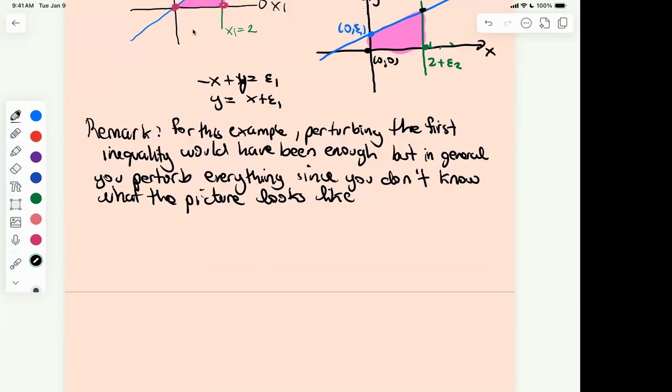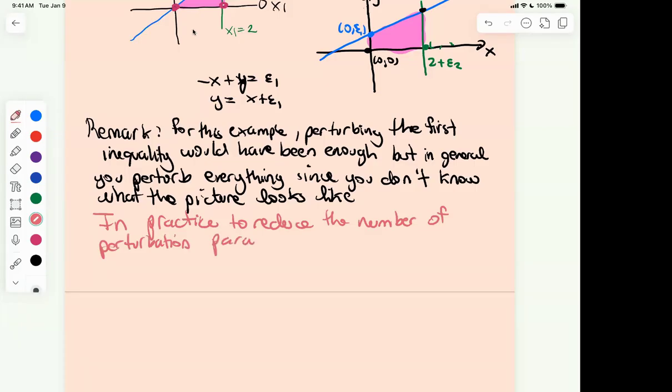So a convenient way to perturb them is to think of all of these parameters as just the power of some other number. So epsilon1 is epsilon and epsilon2 is epsilon squared. You write them all as different powers of a single number. So in practice, to reduce the number of perturbation parameters, you write them as powers of a single number.